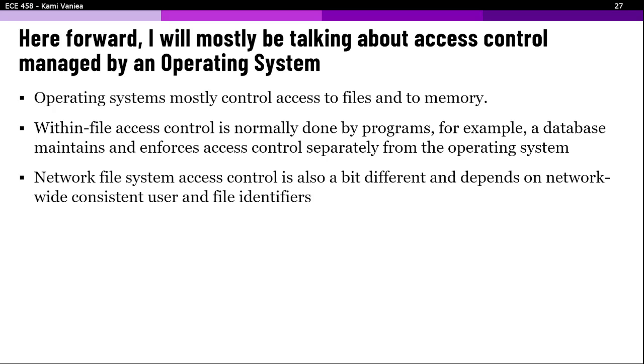And so the app itself may have internal access control, and then the operating system itself treats that app almost as a singular unit and does its own access control. I'm just pointing out that you can get these layered access control situations, and I'm not going to go there very much. I'm just warning you that what I'm about to show you is the easy stuff.